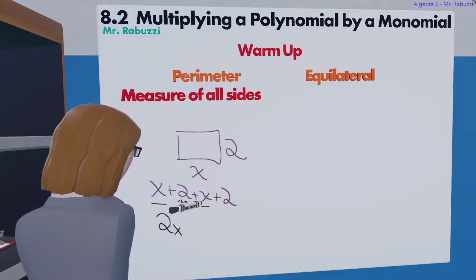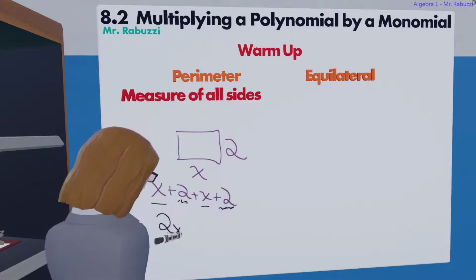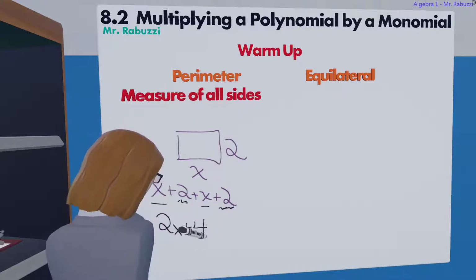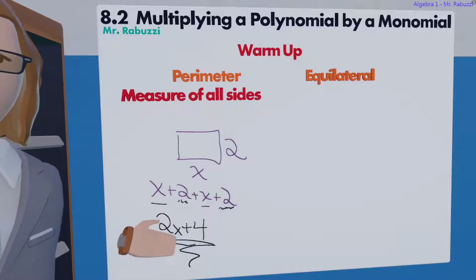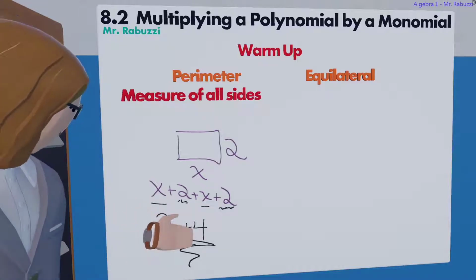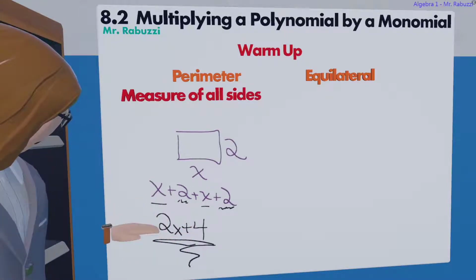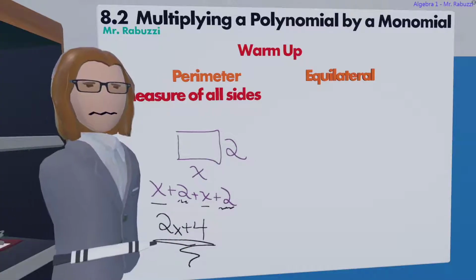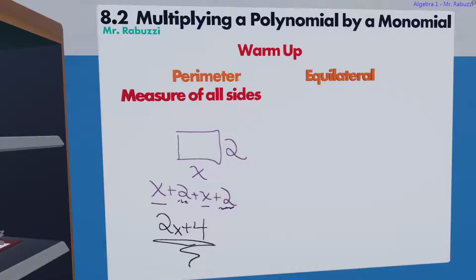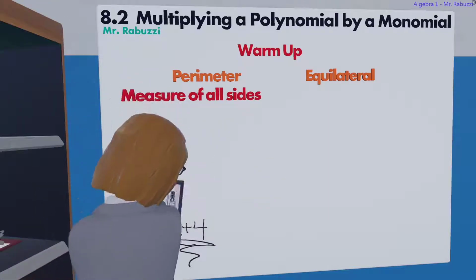We get 2 plus 2, which is 4. And there we are. That is the perimeter. Even though it's not one plain number, it is still a number. It is a polynomial, like we talked about last time. So things get more complicated in algebra, but we can still add all the sides up to get perimeter.